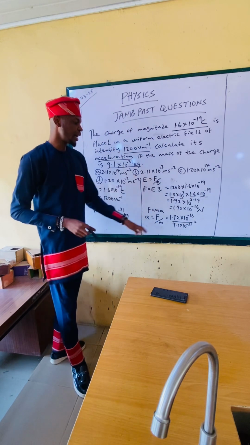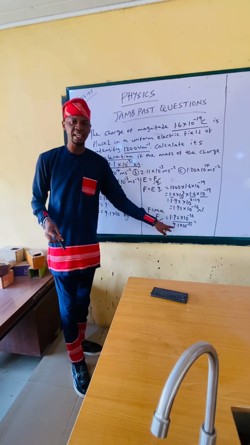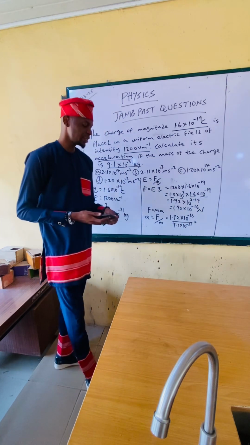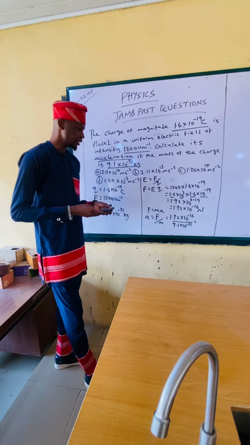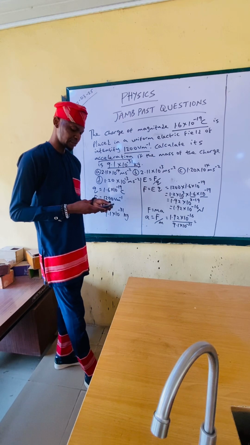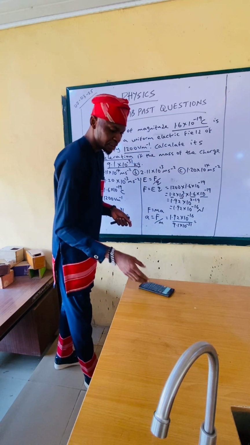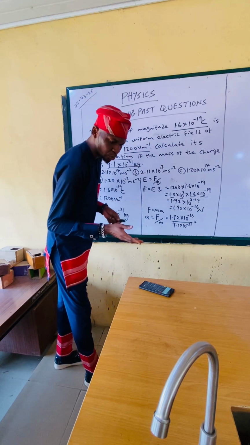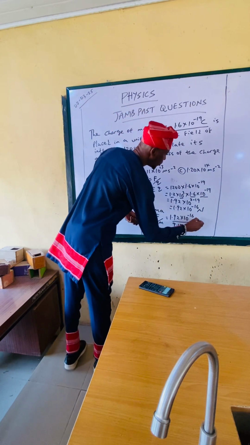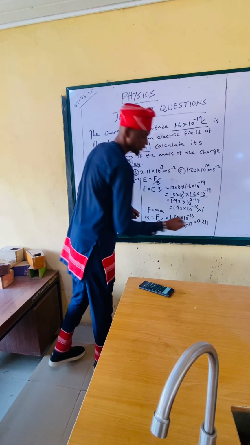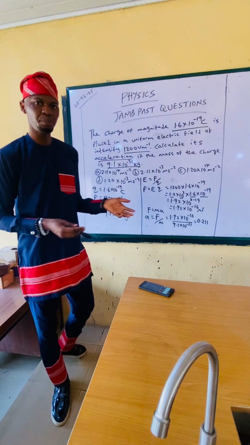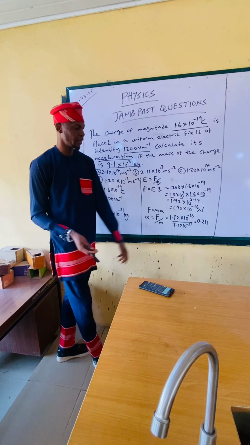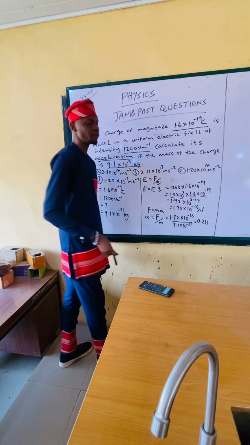So I will divide 1.92 by 9.1, then I will use indices for this. 1.92 divided by 9.1 gives 0.21, and to 3 decimal places, 0.211. That's dividing 1.92 by 9.1. Then I'm going to use indices for this.